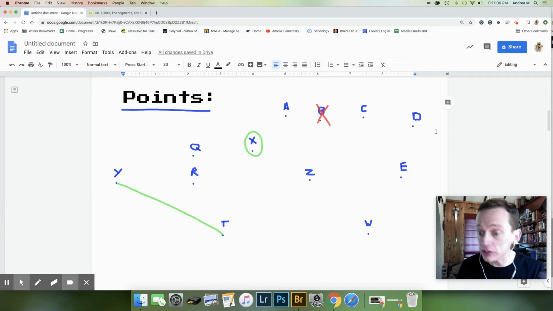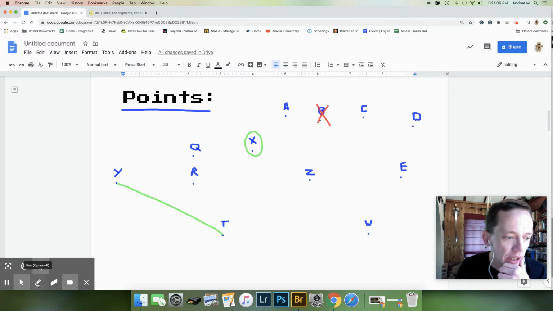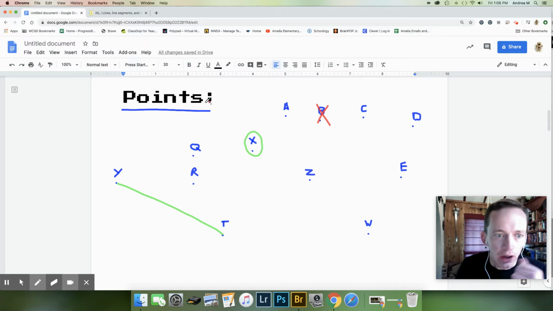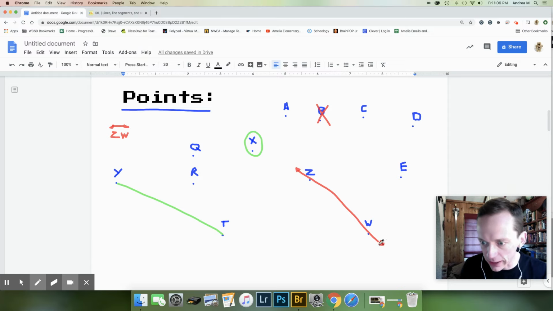Perfect. If I come back to my points, these random points that I drew, and if someone said, I want you to draw, I'm going to look at that little symbol right here, line ZW. All right, so I'm going to look for point Z and point W, and I'm just going to connect it as best I can there, and draw those little arrows going off in that direction, right?